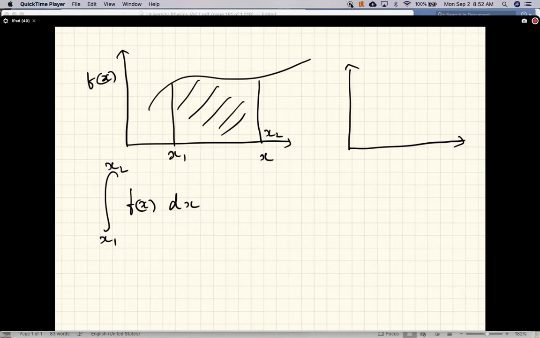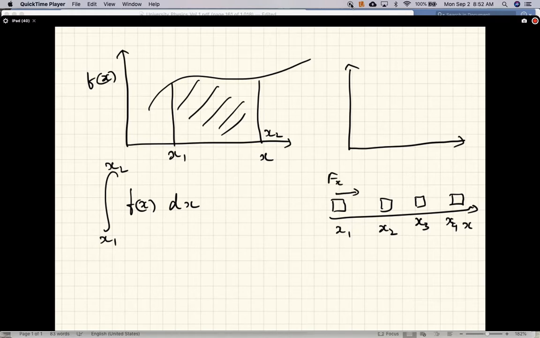So for instance, I'll make up an example. Let's say you're pushing a box, and the box is moving along the x-axis like so. x1, x2, x3, x4. And let's say the x component of the force at x1, the x component of the force at x2, and so on. If this force is changing, we'll plot that x component.